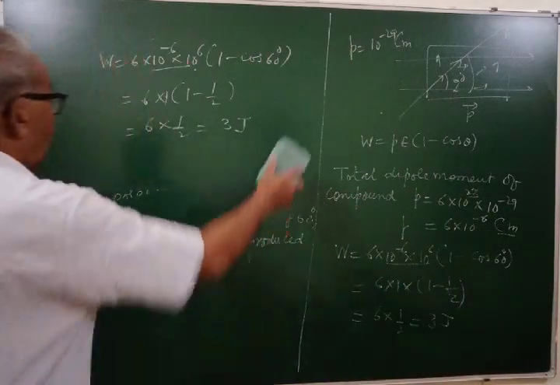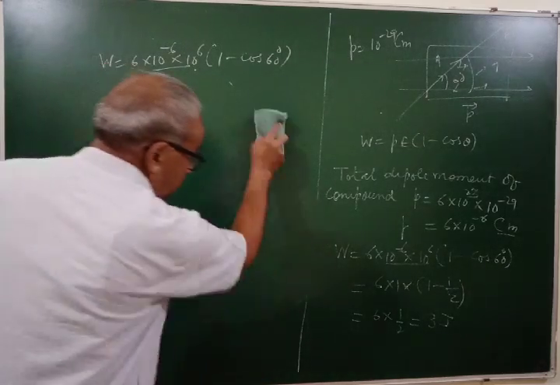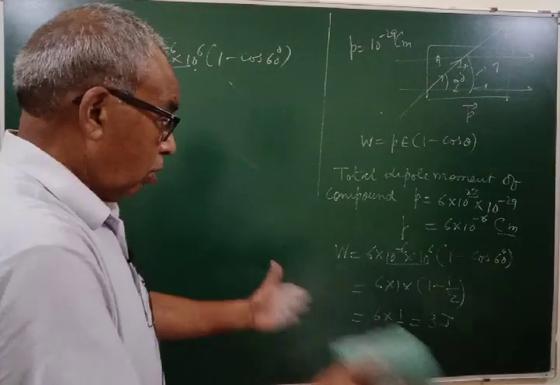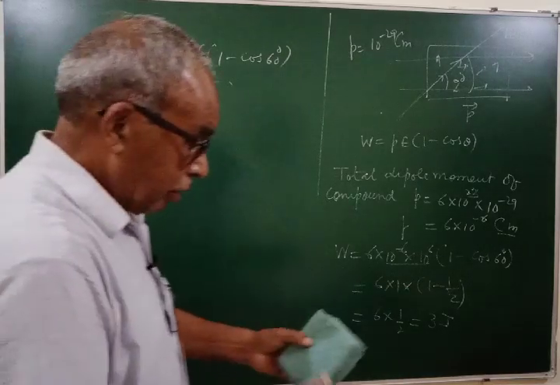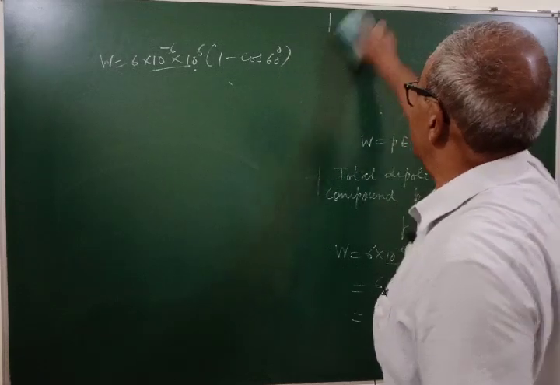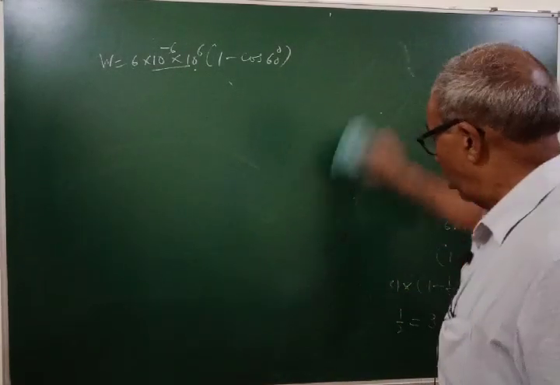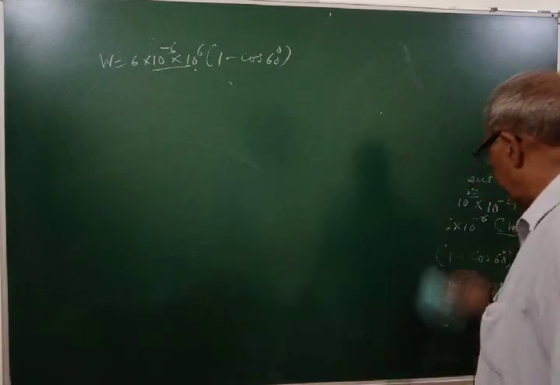Actually, when we talk about mole, people get confused. What is 1 mole? What is a mole? Now it has become the 7th fundamental quantity in science, the mole, and people don't understand what a mole is.